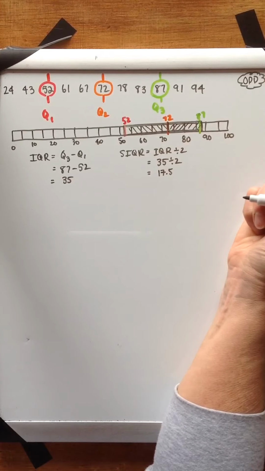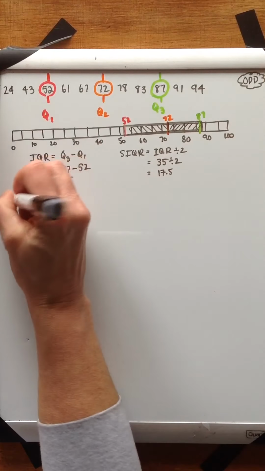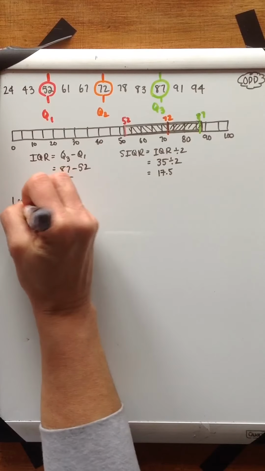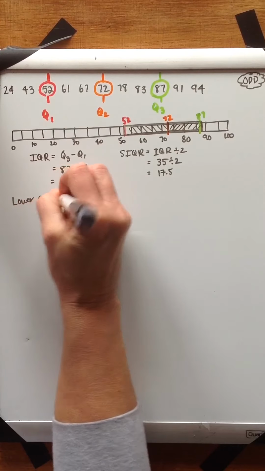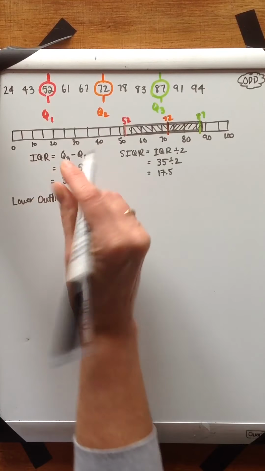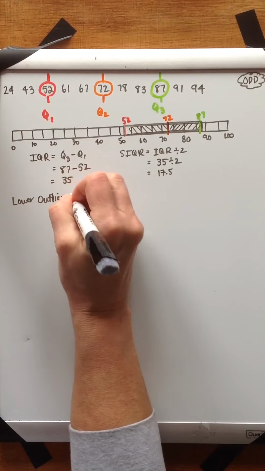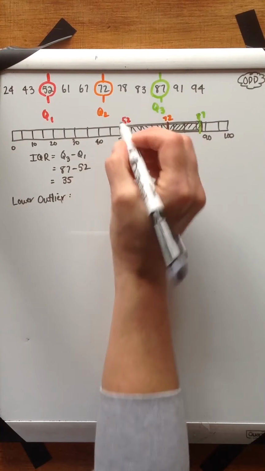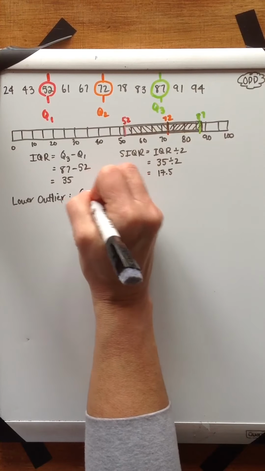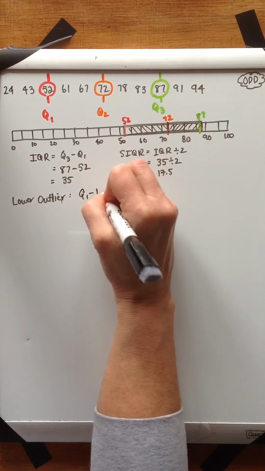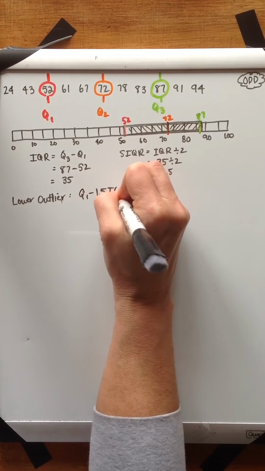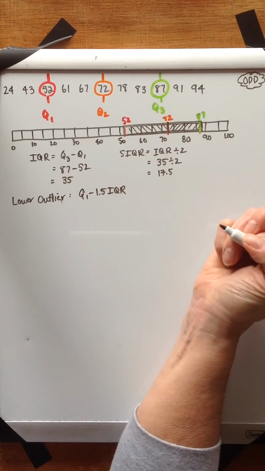All right, here's our outlier test. Let's take a look to see what the lower outlier range should be for this data set. To do that, we take Q1 and subtract 1.5 times the value of the interquartile range.